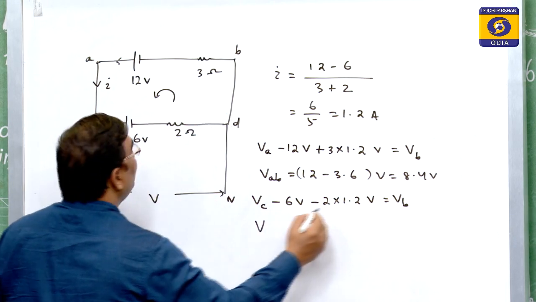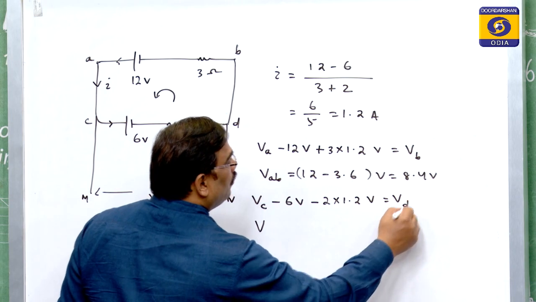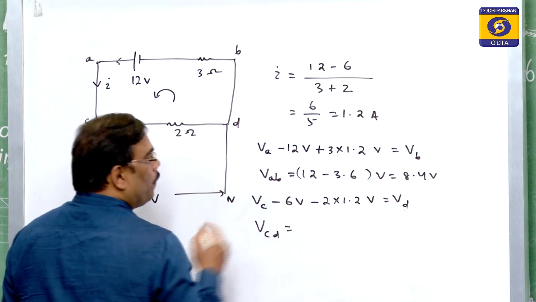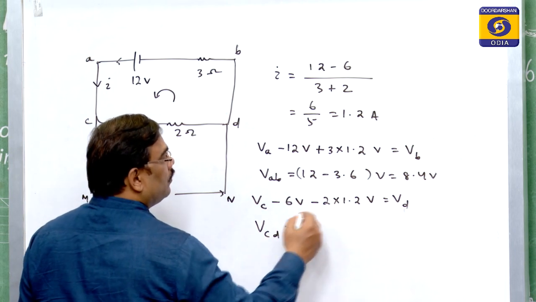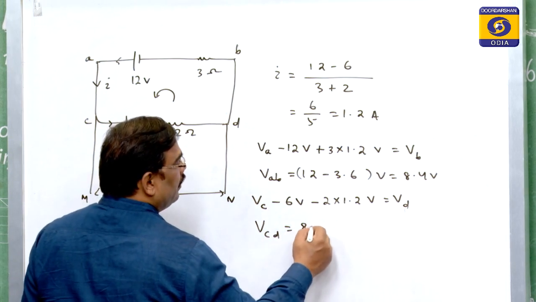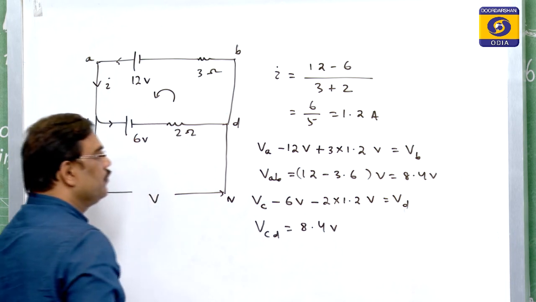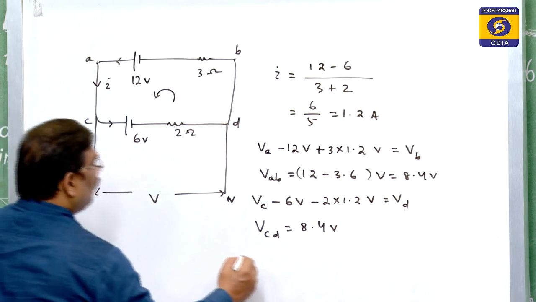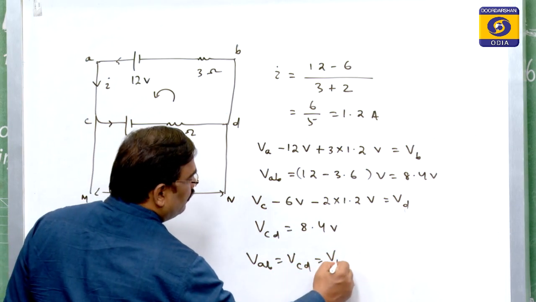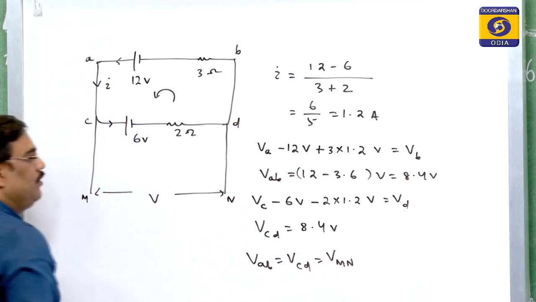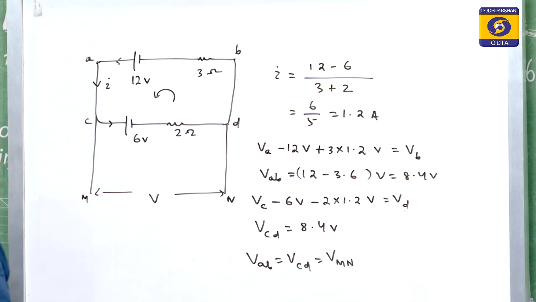So, VCD equal to 6 plus 2.4, it is 8.4 volt. So, therefore, what is VAB? The same as VCD and this is VMN. So, VMN is also equal to 8.4 volt.